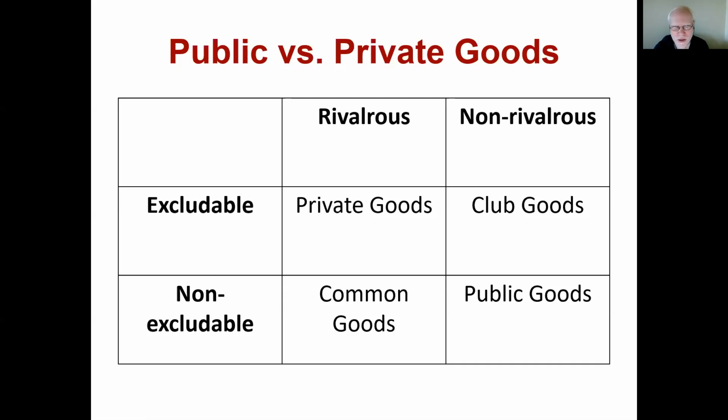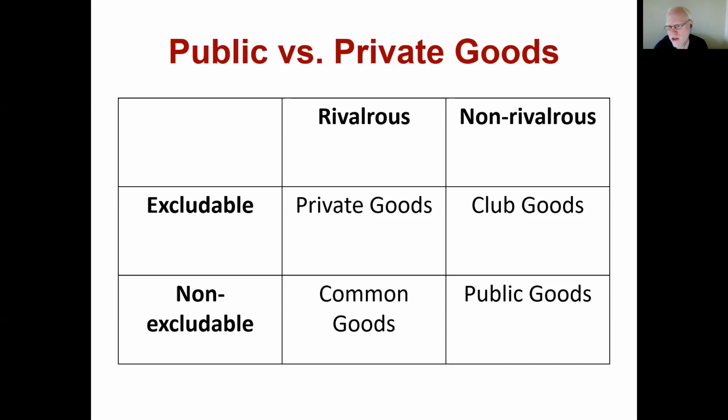Club goods are examples of excludable but non-rivalrous goods. You can think of a club membership, or say TV membership. If you sign up for a cable package, in both cases of joining a country club or signing up for HBO, there are things that you have to pay to have access to.